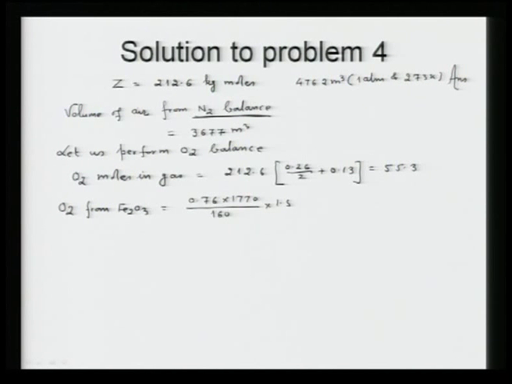Oxygen is 1.5, so available will be 12.6 kg mole. This is also in kg moles. Similarly, oxygen from SiO2 reduction, I hope you will be able to calculate. I am straight away writing 0.5 kg mole.